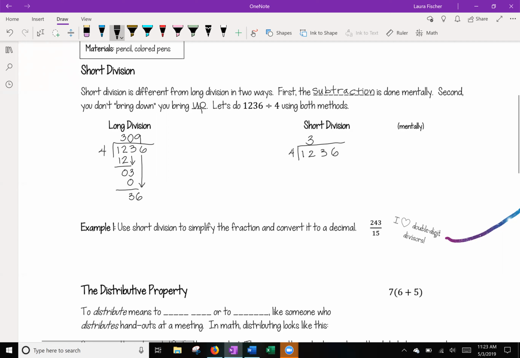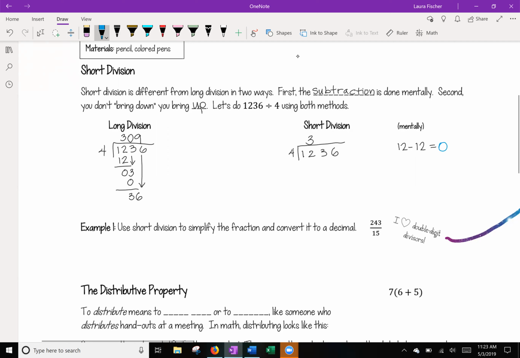We do the subtraction part mentally. So I'm going to do this over here. You wouldn't write this out because that would not be efficient, but we want to be able to go back and look at this if we need to. And we say, okay, we're doing that subtraction mentally, and we know that it's 0.